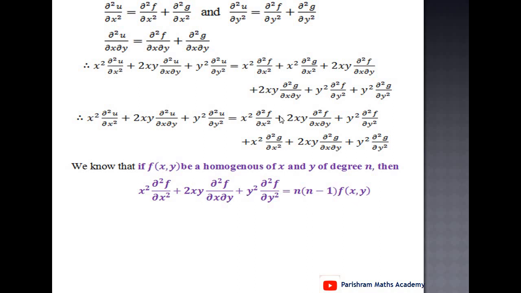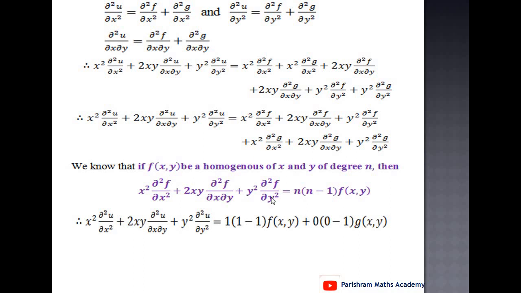Here function f is a homogeneous function of degree 1 and g is a homogeneous function of degree 0, and therefore we get 1 into (1 minus 1) into f(x, y), and the value of the g terms is 0 into (0 minus 1) into g(x, y).